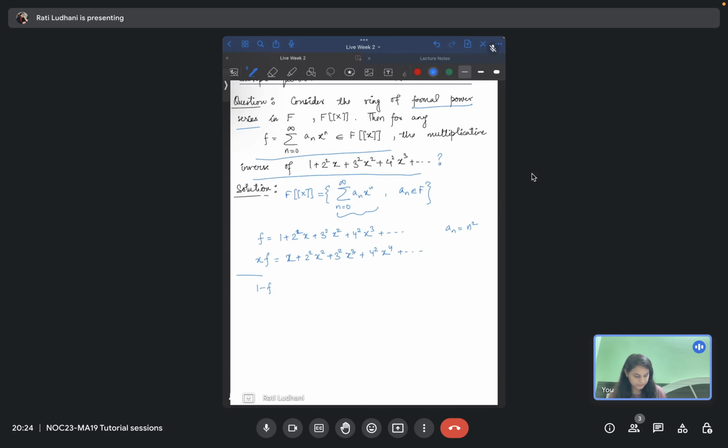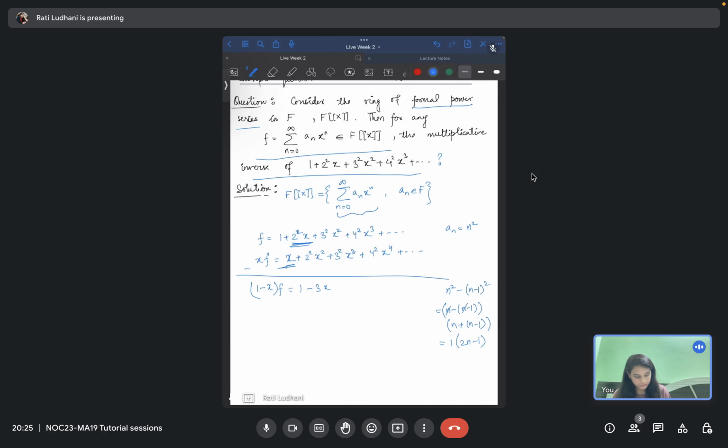Now you subtract it. So this was the trick, I used to do that in 11th and 12th. What will you get? You subtract the coefficients, so it's n square minus (n minus 1) square, which gives 2n minus 1.